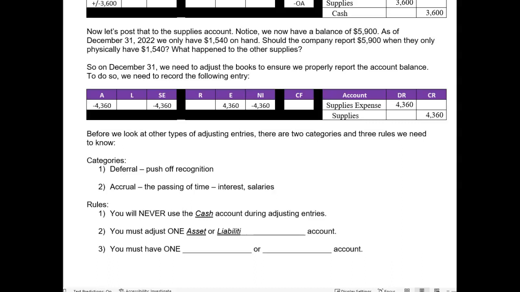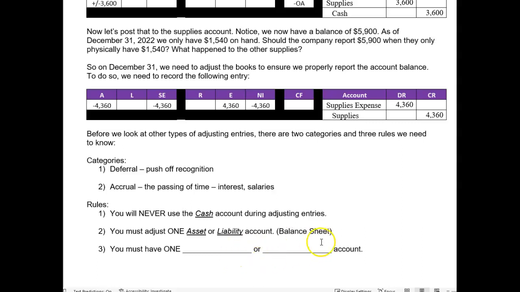In other words, a balance sheet account has to be involved here. Typically, it will be an asset or liability. Rarely do we ever adjust anything in stockholders' equity as far as common stock or dividends. Now, we do adjust a revenue or expense, which is going to be in our stockholders' equity. So you must adjust one asset or liability. That's your balance sheet account.